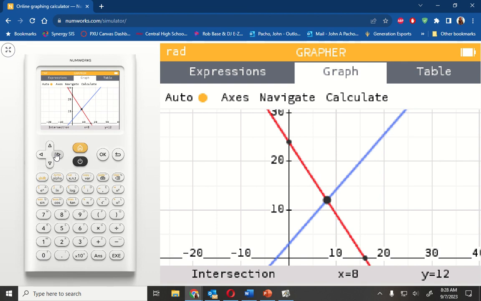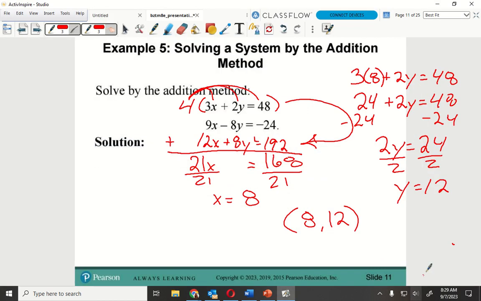Because it might also say intercept. That's important. There's a difference between the y-intercept and the intersection. So this is where it crosses the y-axis. And if I continue over here, this is my 0 or x-intercept. So the calculator highlights it and even shows you where the answers are. So 8, 12 is my answer.